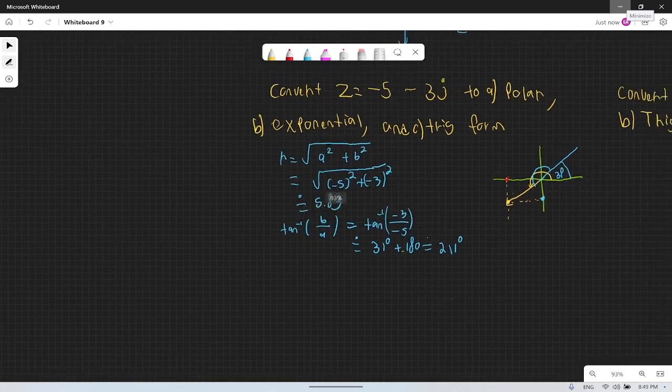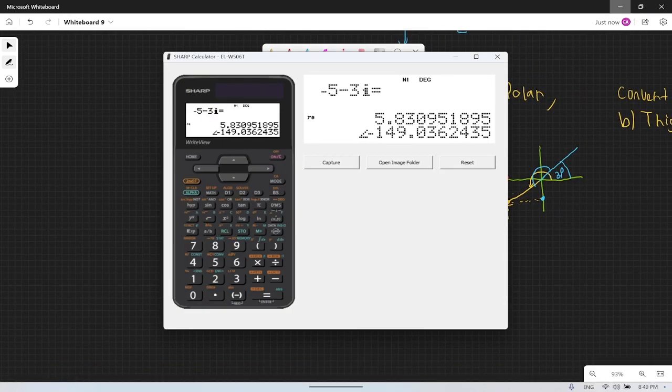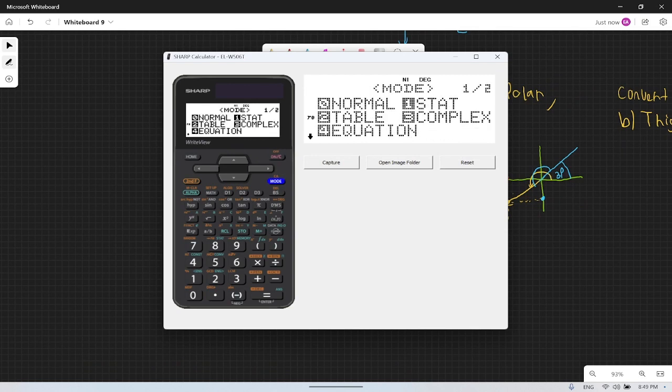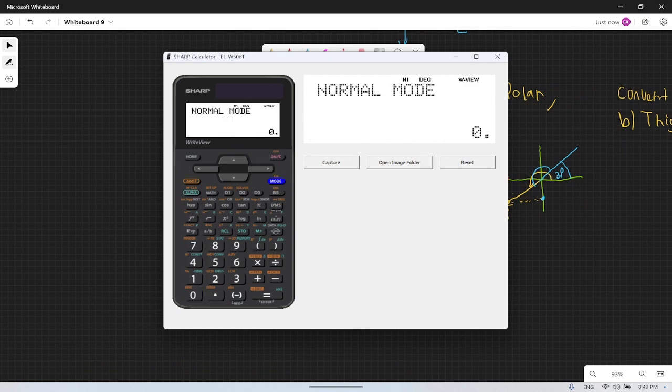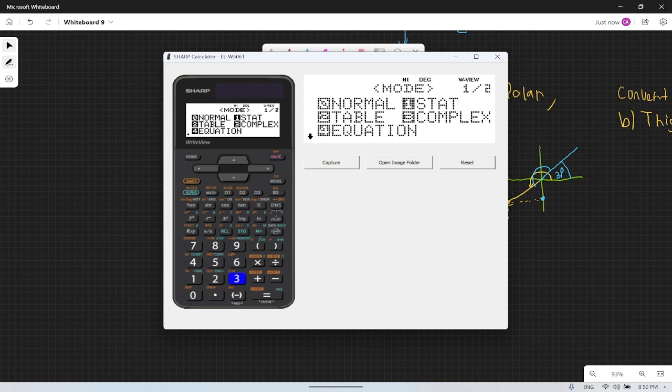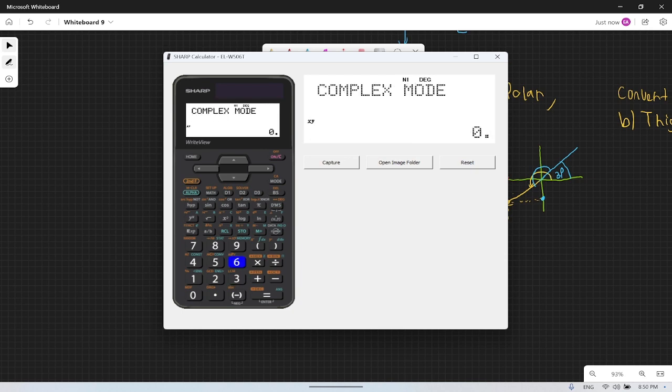And now we can check this with our calculator. You go to mode, you go 3 for complex, and if you see that xy, that means you're in rectangular form. We had -5 for our real part, and then -3 for our j, so we hit the DMS button here to add our j.